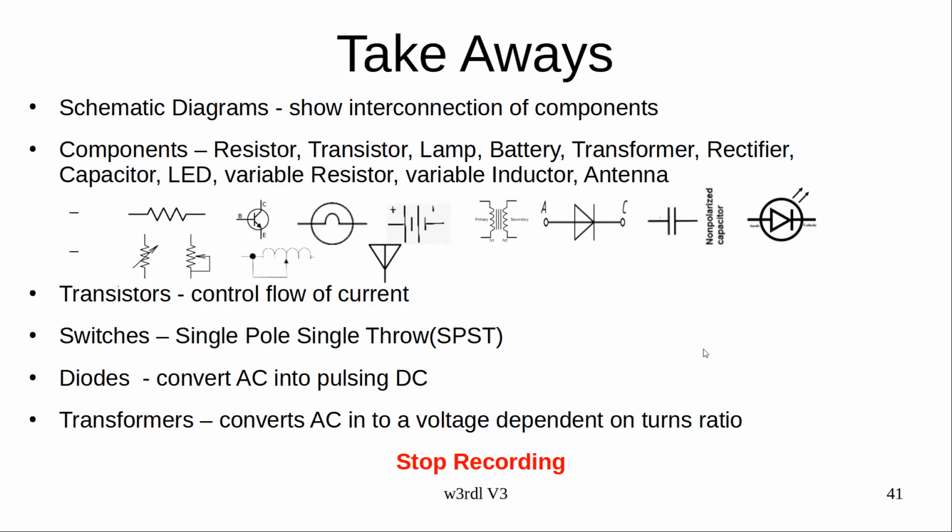Diodes are used as rectifiers to convert alternating current into pulsing DC current. And transformers are used to convert AC into a different voltage depending on the turns ratio. And transformers only work on AC. It requires a changing magnetic field in order to induce current on the secondary winding.